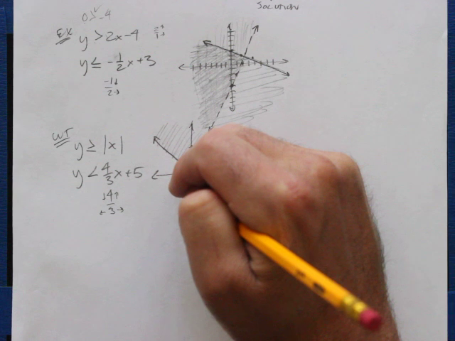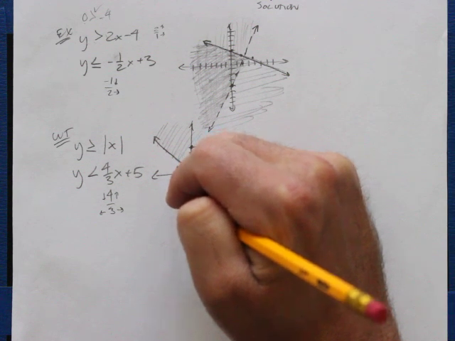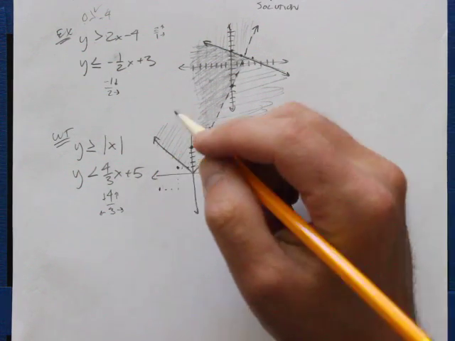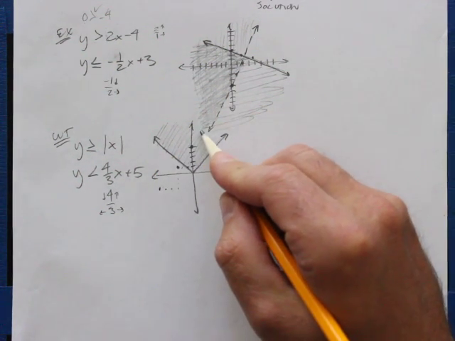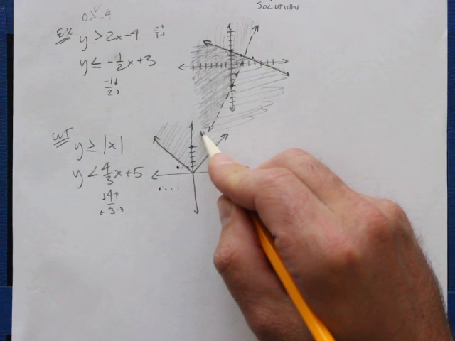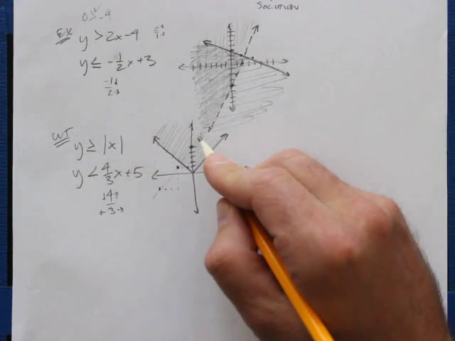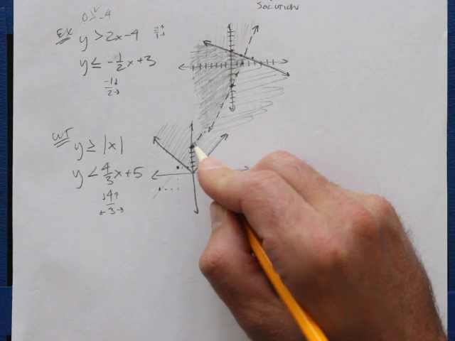And then 1, 2, 3, 4 to the left. 1, 2, 3. Oh, that's bad. All right, there we go. And this is going to be a dotted line, so I might do a light line here so I can see what's happening, and then make a dotted line.